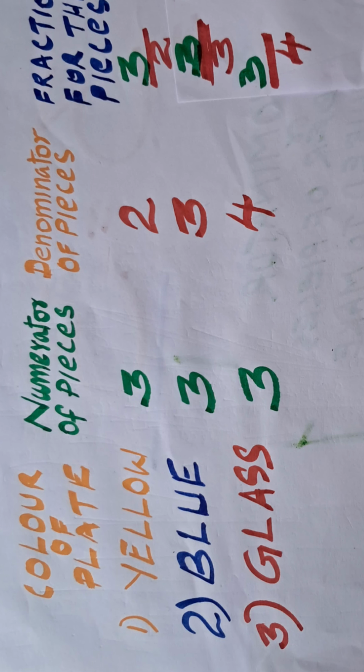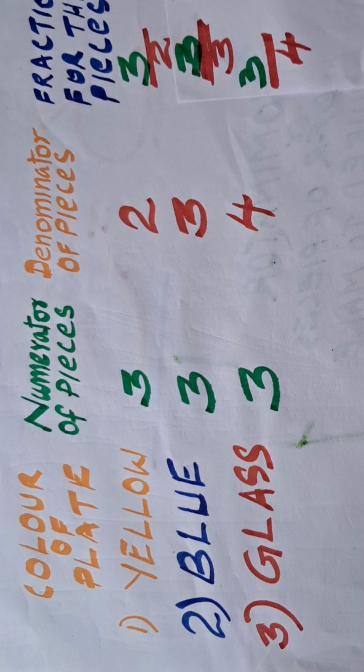As shown in the list, the fraction representing the number of pieces on the yellow plate is 3 by 2, the fraction representing the blue plate is 3 by 3, and the fraction representing the pieces on the glass plate is 3 by 4.